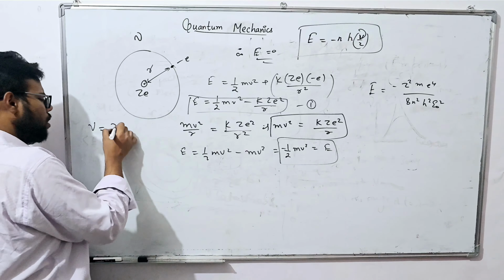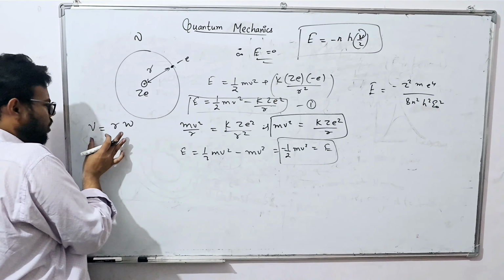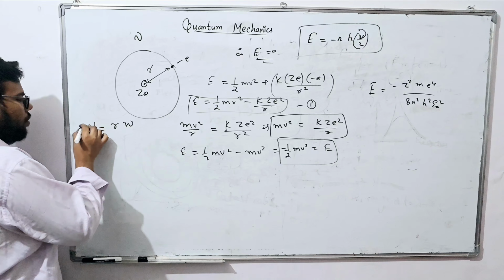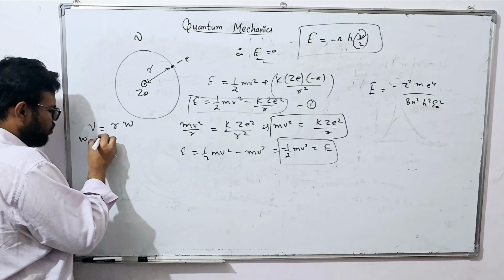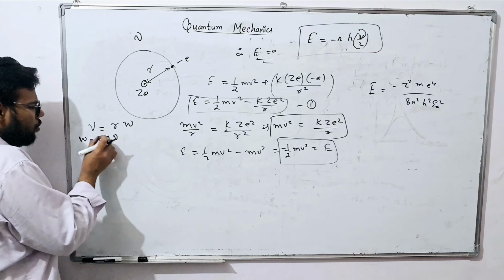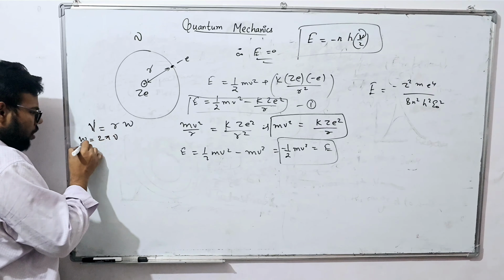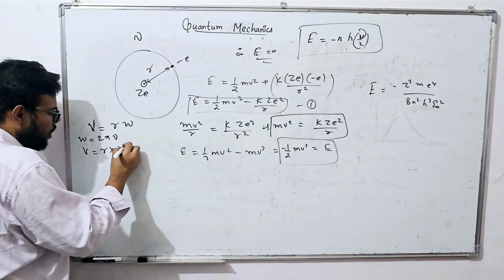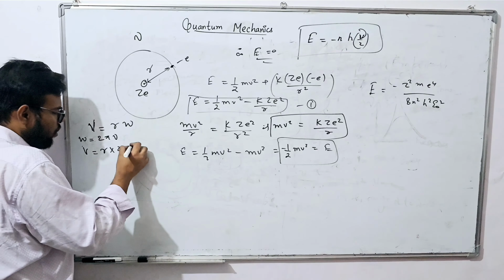You use v is equal to r omega, and omega is equal to 2 pi nu, so v is equal to r into 2 pi nu.